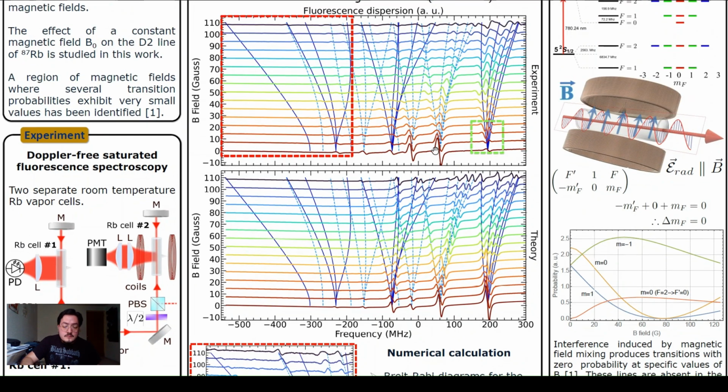So, our assumption that the resonances appear between states with the same m sub F values seems to be correct.